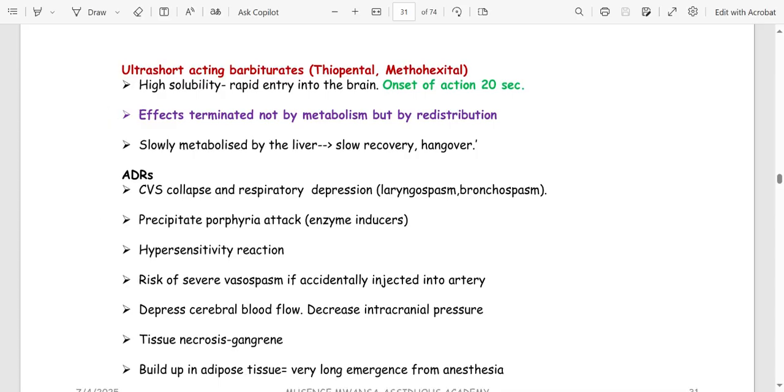So we have what we call the ultra short acting barbiturates. The barbiturates include thiopental and methohexital.